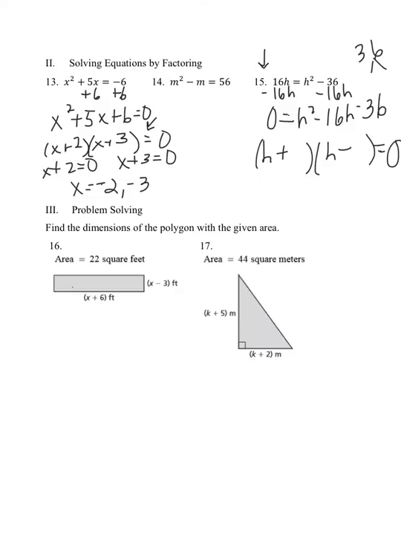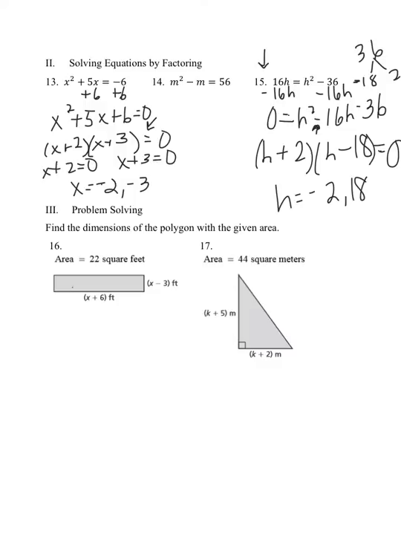I know that they're going to multiply to get 36, and if I subtract them, because that's what I have to do when I have that negative in the middle term, I will get 16. So I just have to figure out which one is positive and which one's negative. Since it's -16h, I need a greater negative than the positive, so 18 has to be negative and the 2 has to be positive. So here we're going to see that h is equal to -2 and positive 18.